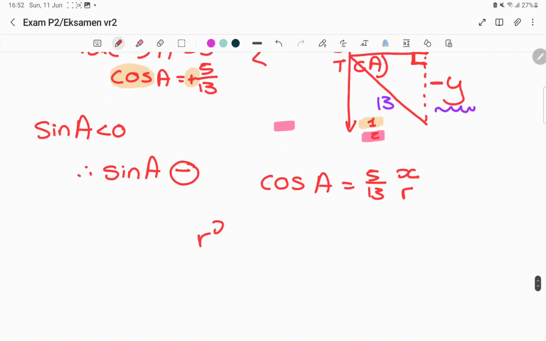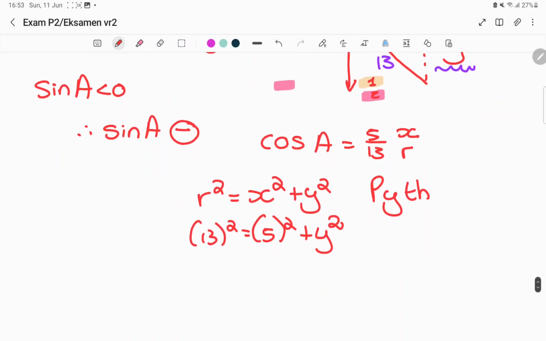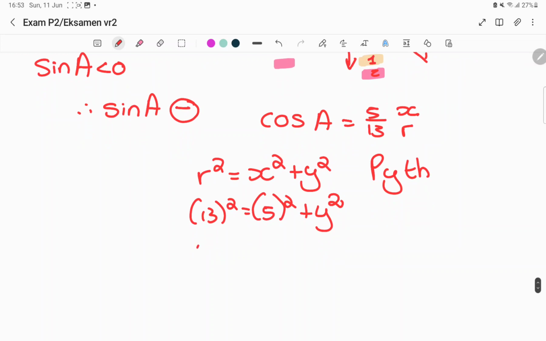So I'm going to write down r squared is equal to x squared plus y squared. My reason is Pythagoras. In r's place I'm putting my 13, in x's place I'm putting my 5, and I don't know what y is, so we're leaving it as y. Calculating this, I know this is 169, this is 25, and this is y squared. To get y squared alone, I have to take over my 25.